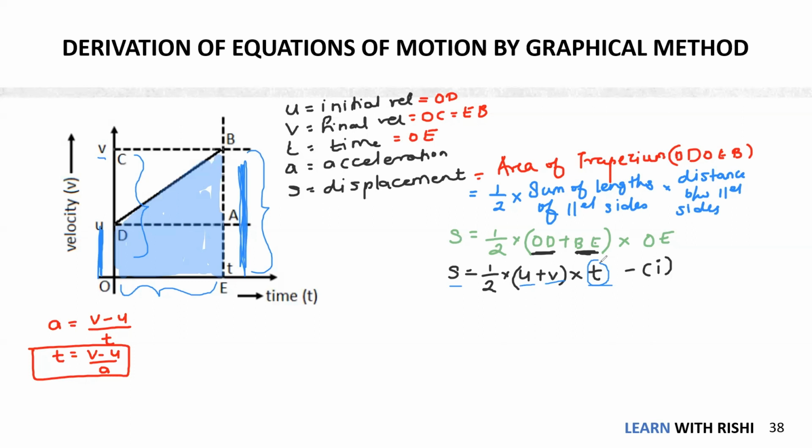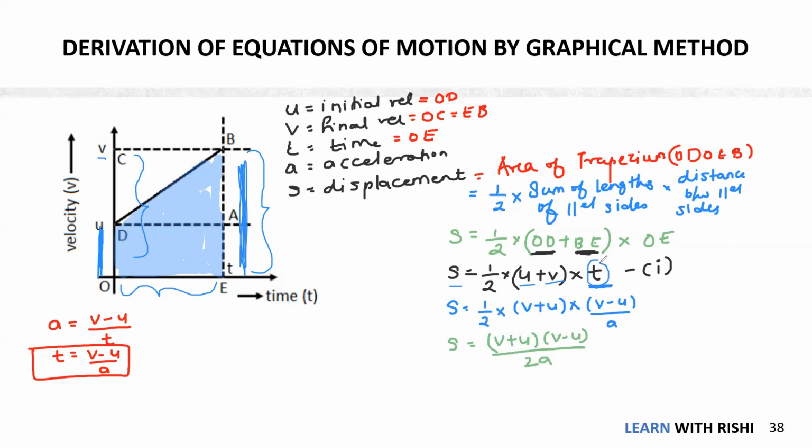So my next equation becomes s is equal to half into v plus u into, in place of t, I will write v minus u upon a. Rearranging this equation, I can write s is equal to v plus u into v minus u upon 2a.